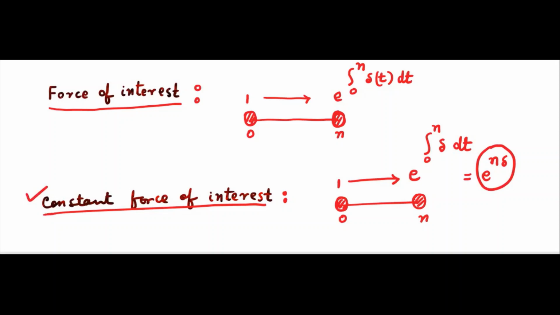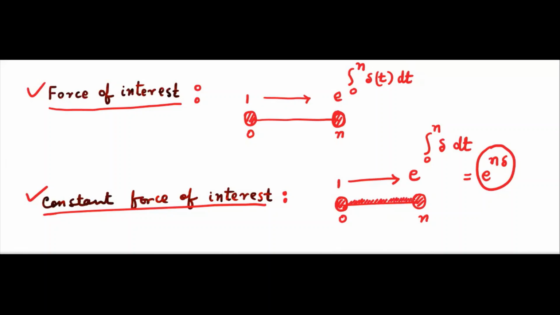We already studied this one. This is the force of interest. The difference between delta and delta t is that delta is constant. At a constant interest rate, money will grow from 0 to n. It's not variable, whatever interest rate is given.